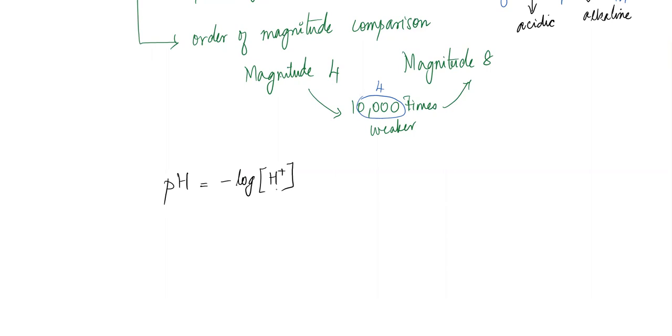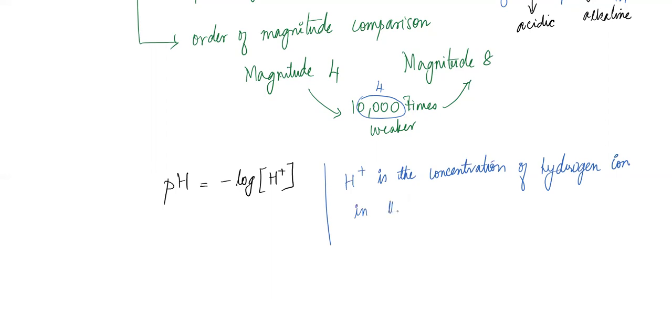H plus is the concentration of hydrogen ion in the solution, measured in moles per liter.